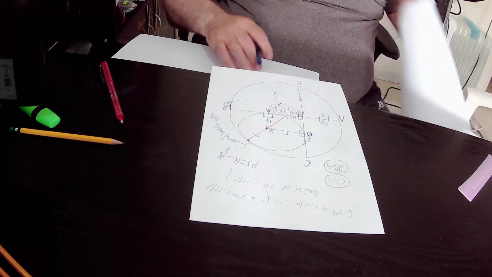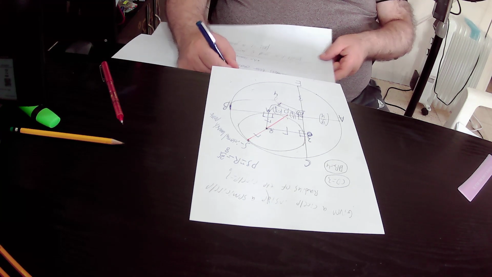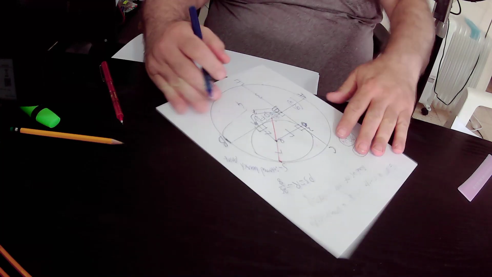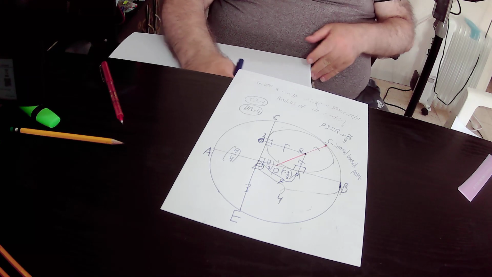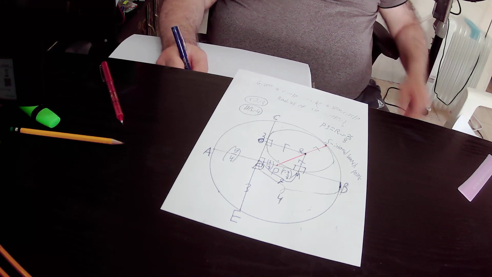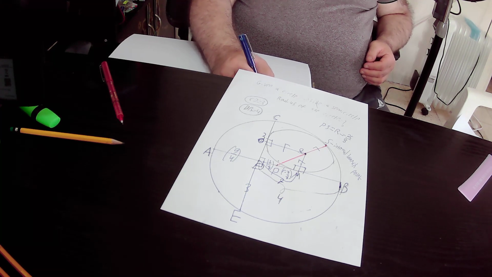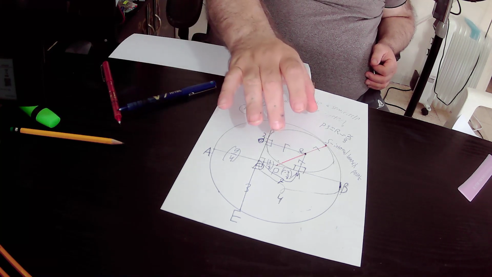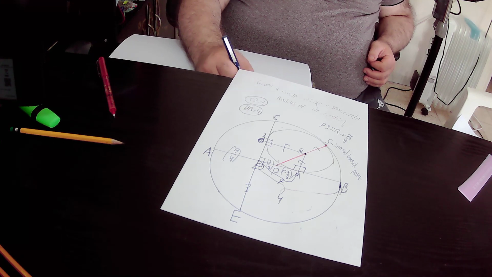From the drawing it is very easy to see that the length of line segment PQ or QP is equal to PS minus QS.